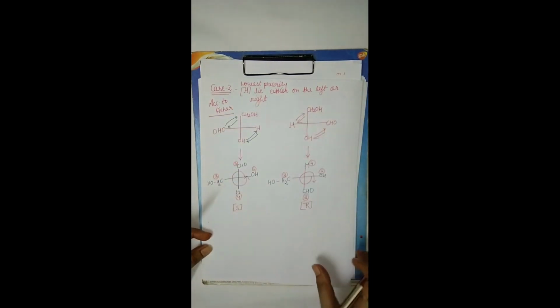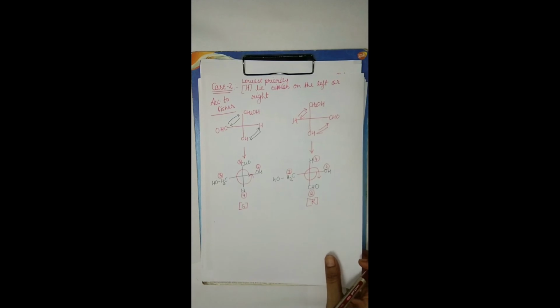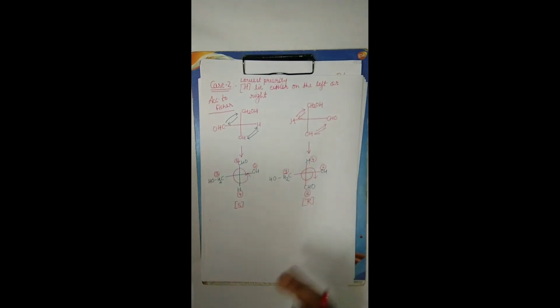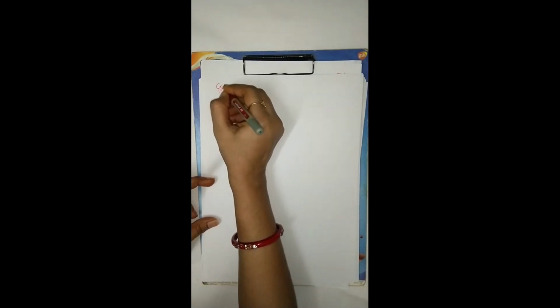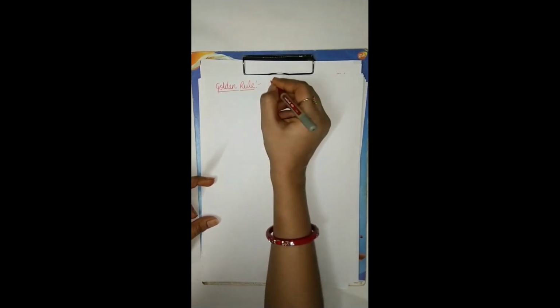According to Fisher, I am giving you one short trick. If you don't want to interchange the groups, then there is one rule, which is the golden rule. This golden rule is applicable only for case 2.